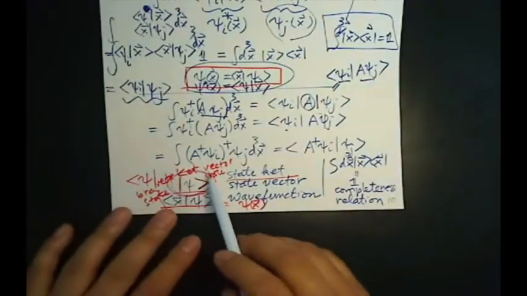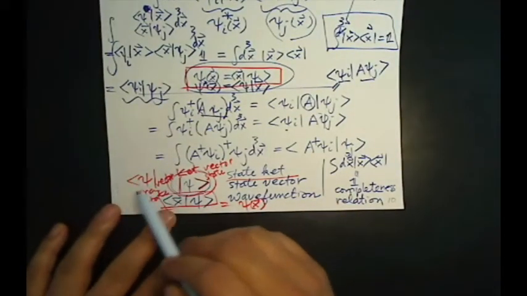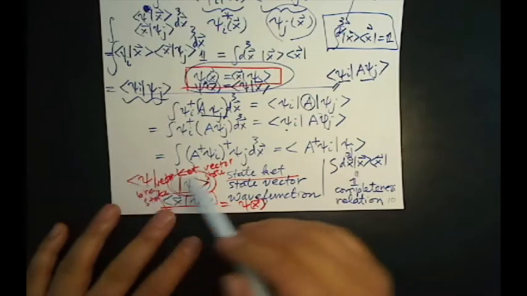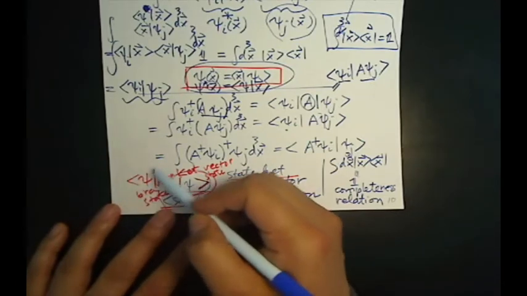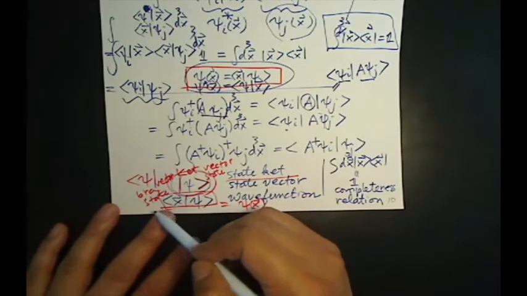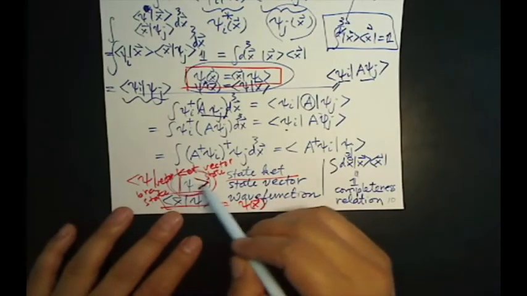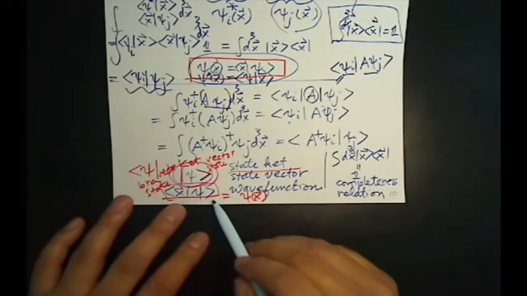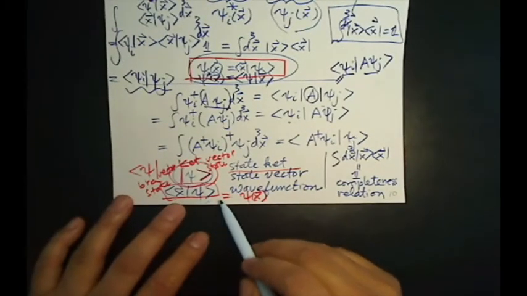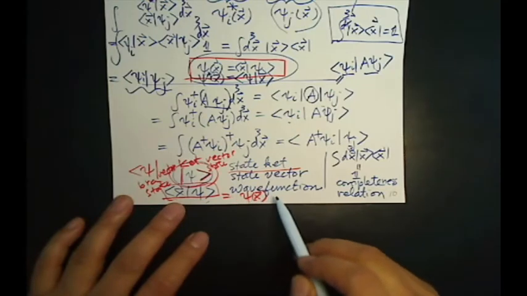Anyway, in summary, we have a state ket or state vector. This is bra ket. This is ket and this is bra. Bra state or bra vector. Ket state or ket vector. This overlap of the position and the ket vector is defined by the wave function.